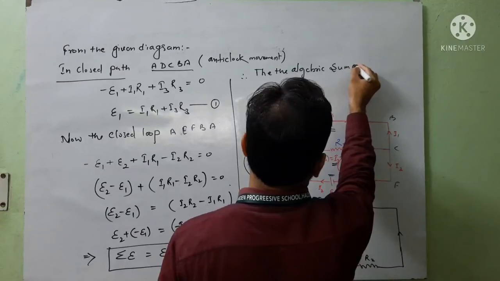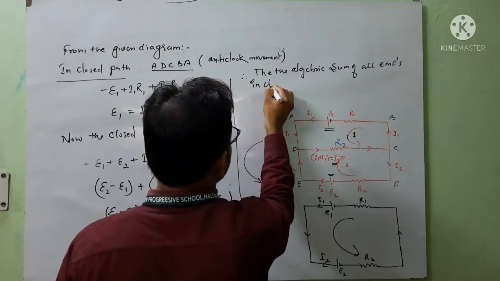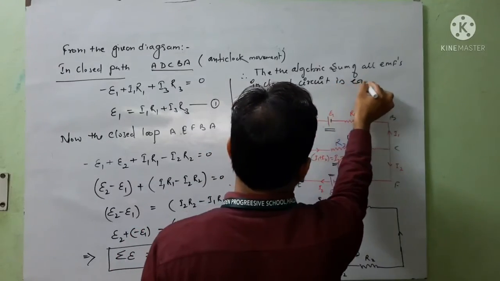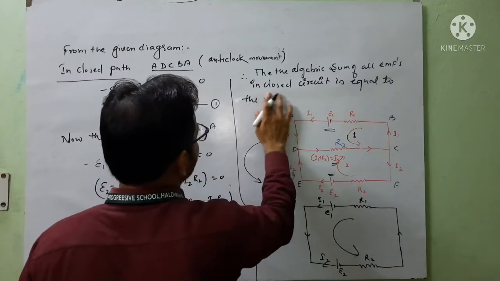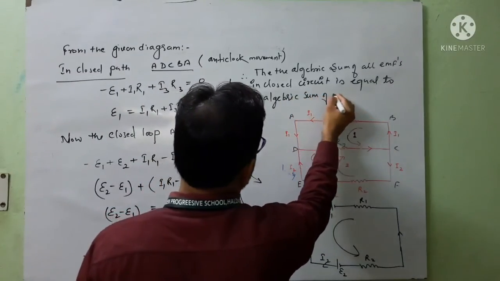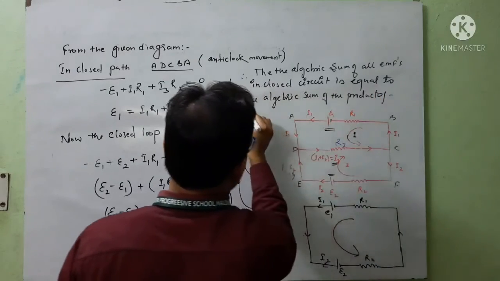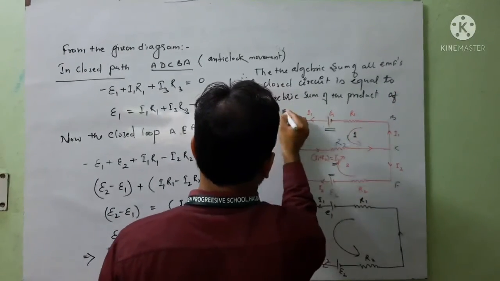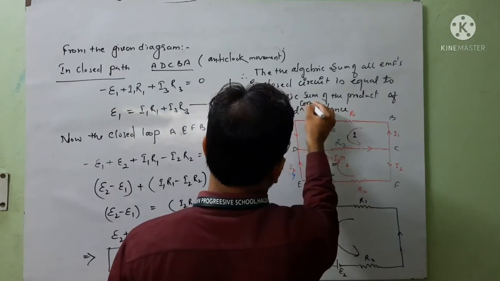the algebraic sum of all EMFs in a closed circuit or loop is equal to the algebraic sum of the product of current and corresponding resistance.